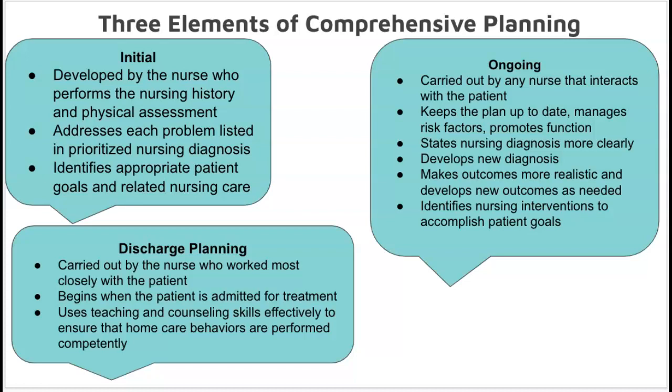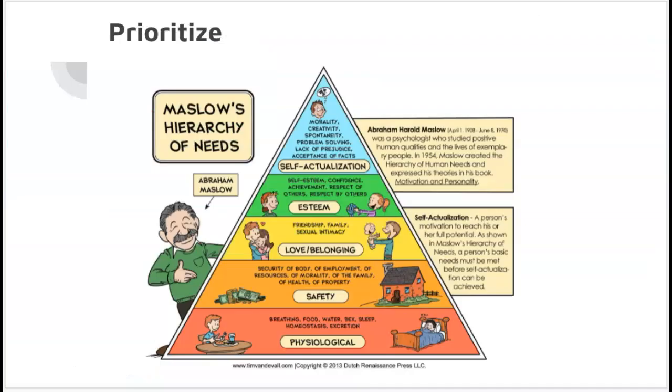This part will go hand in hand with the initial, because as someone gets admitted to the hospital or to your unit, we want to start prioritizing goals on how to get them home safely, or wherever they're going to be sent to safely, so that they have the best outcomes. So we want to prioritize our planning and our outcomes.